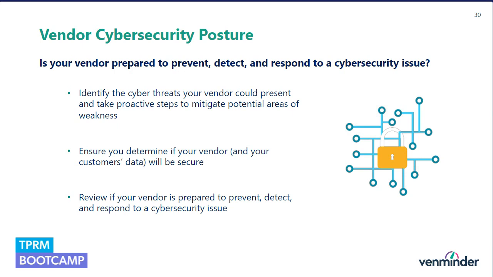Next, take the appropriate steps to determine whether your vendor and your customer's data is or will be secure. Prior to signing a contract, proper due diligence should be performed and ongoing monitoring should be performed thereafter. And then really you want to review if and how your vendor is prepared to prevent, detect, and respond to a cybersecurity issue or event.